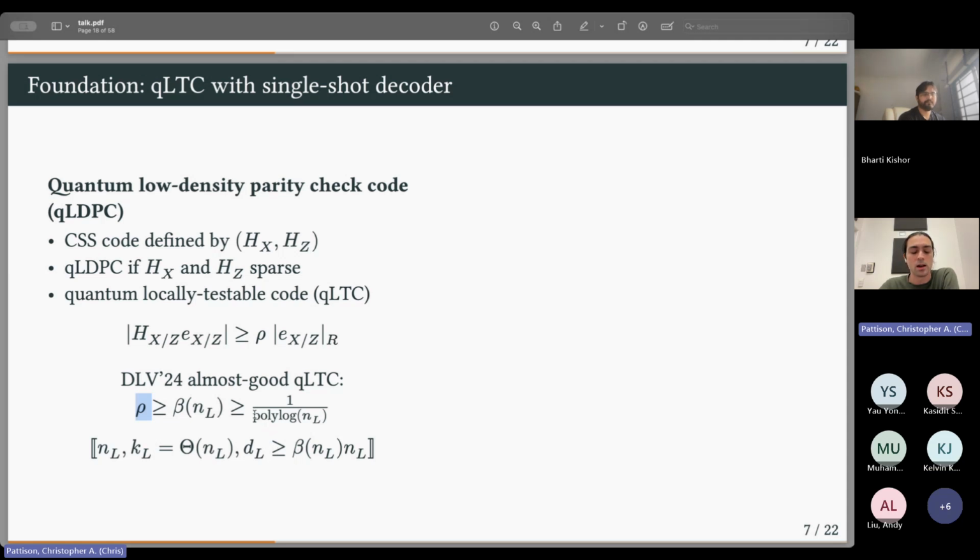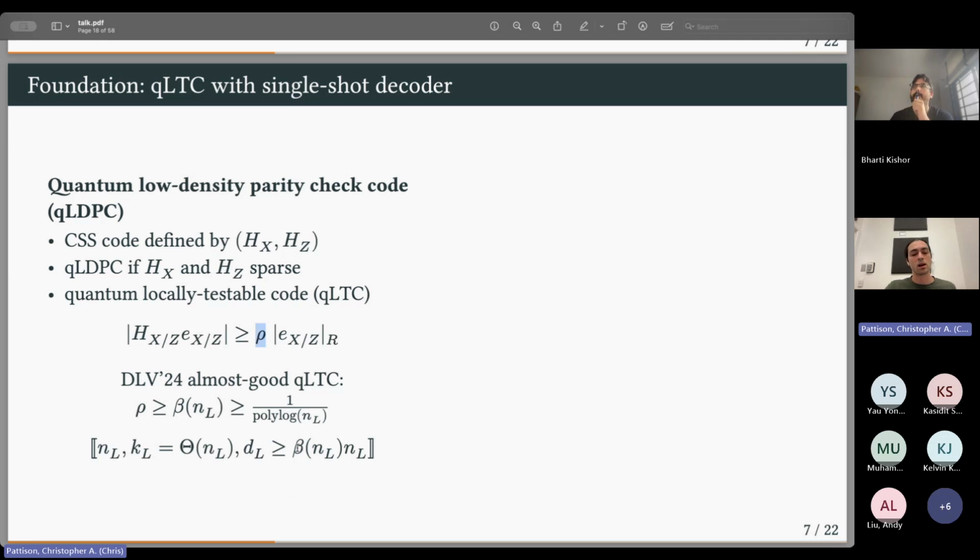So for the soundness parameter, we might hope for a constant here. We don't have this yet. That would be the asymptotically optimal scaling. Right now we know how to construct up to 1 over polylog soundness.